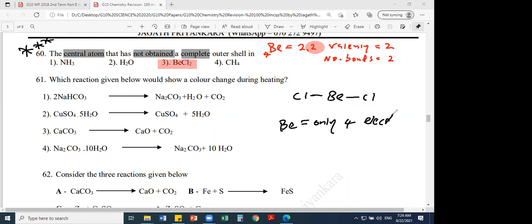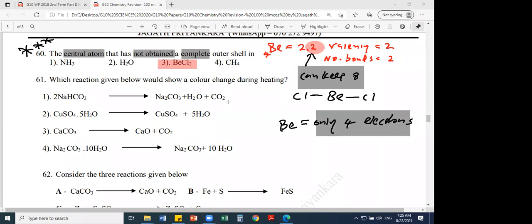That means less than 8. Beryllium can keep 8 electrons here, but it has only 4.